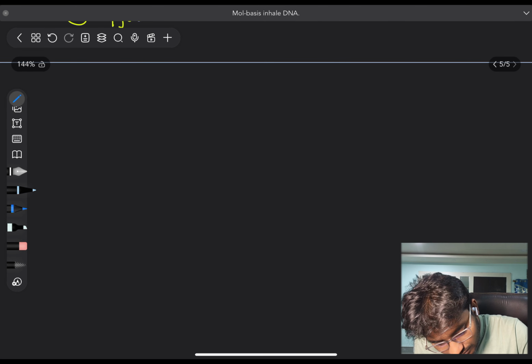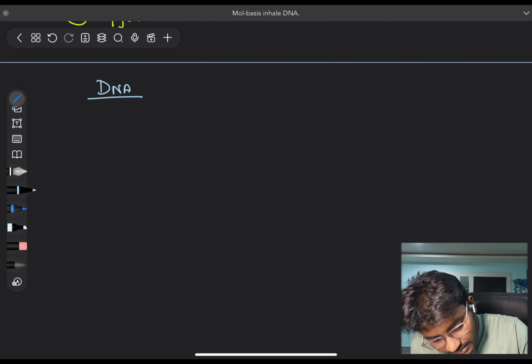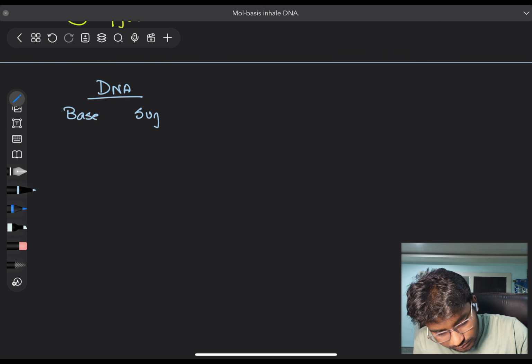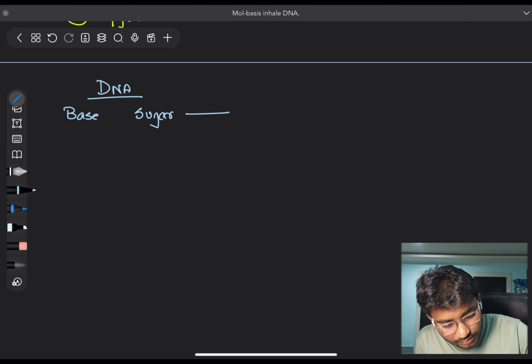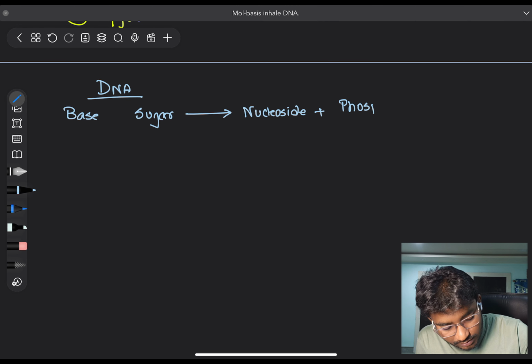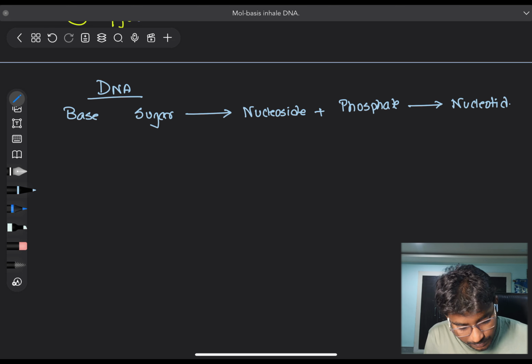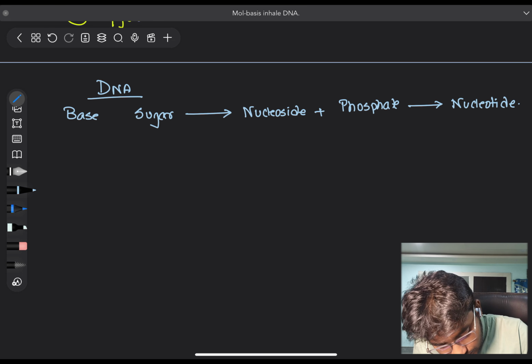DNA: base plus sugar makes a nucleoside. When the nucleoside adds phosphate, it makes a nucleotide.